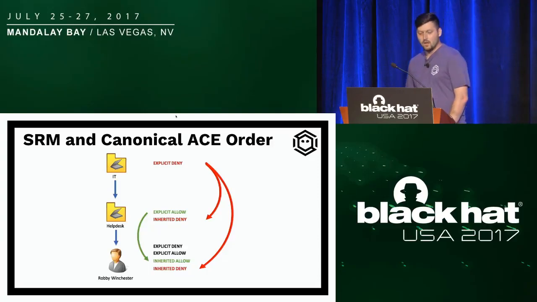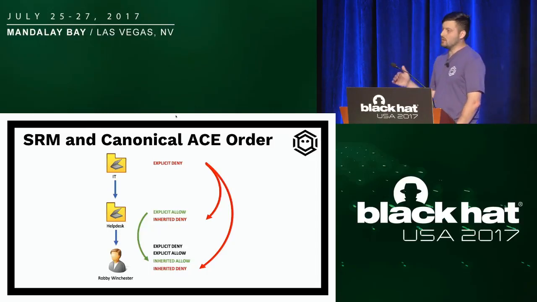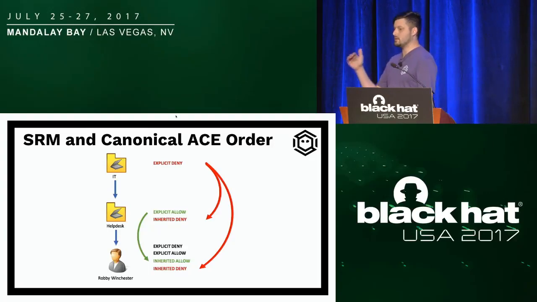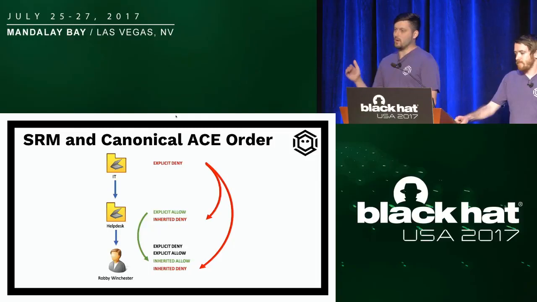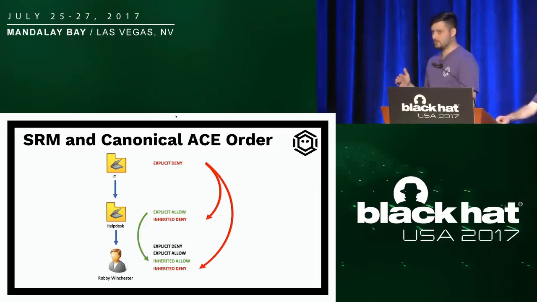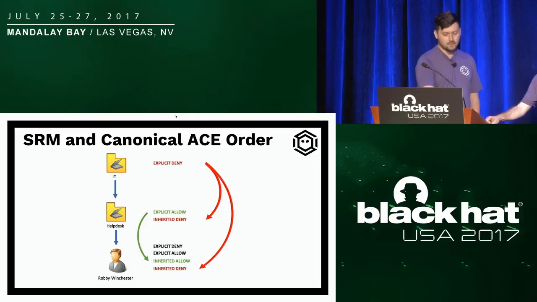What if in the intermediary OU on help desk, I said, well, wait a minute, I want to have an explicit allow. That explicit allow is going to override the inherited deny, because explicitly defined ACEs override inherited ACEs. There's one final complication with this. That explicit allow is also going to be inherited down to the Robbie Winchester user.